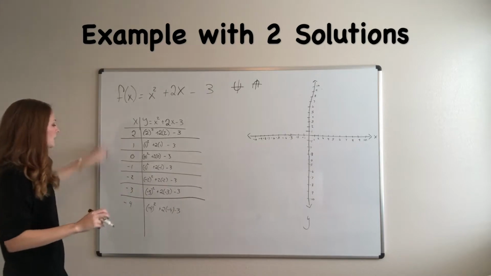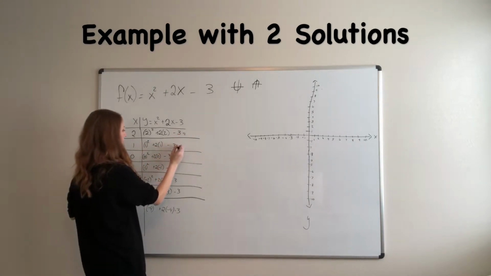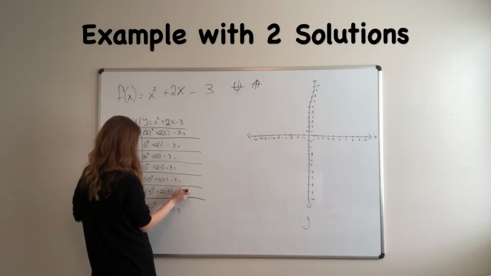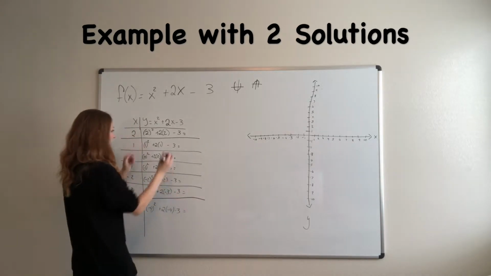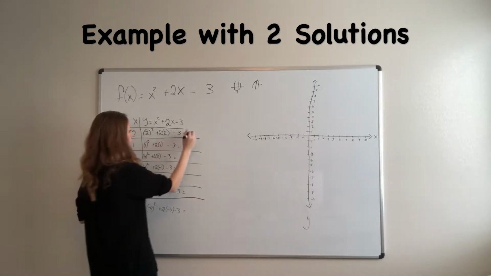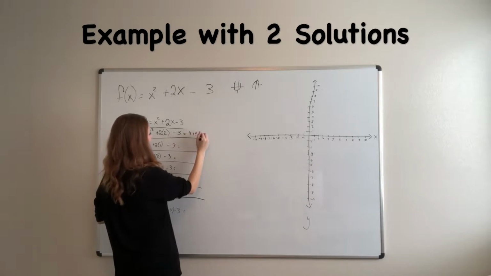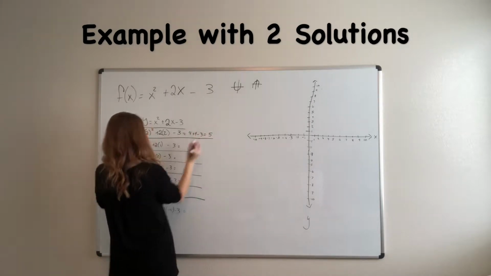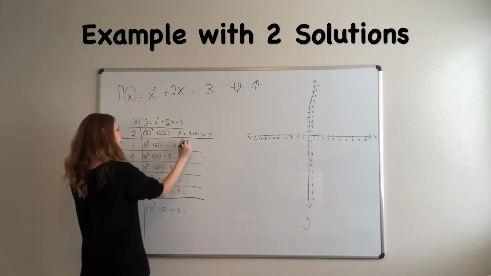Okay, so now I have this all filled out. I'm going to go through and simplify these. 2 squared is 4. 2 times 2, of course, is 4. Minus 3, it's going to give us 5. 1 squared is 1.